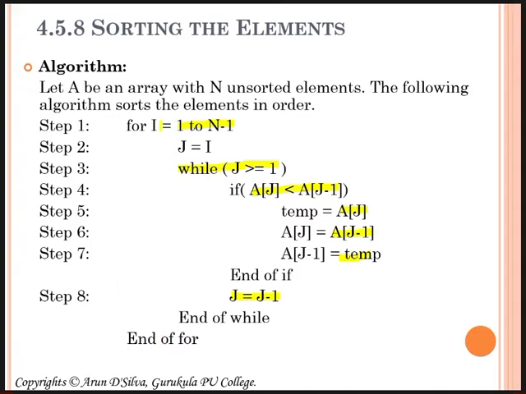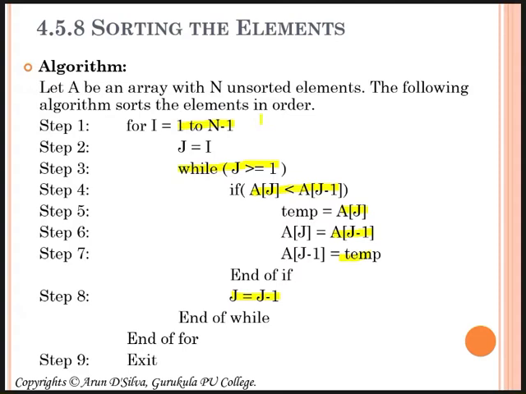So the outer loop is repeated from 1 to n minus 1, and each time the inner loop is repeated till the j value becomes 1, and then the final step is exit.